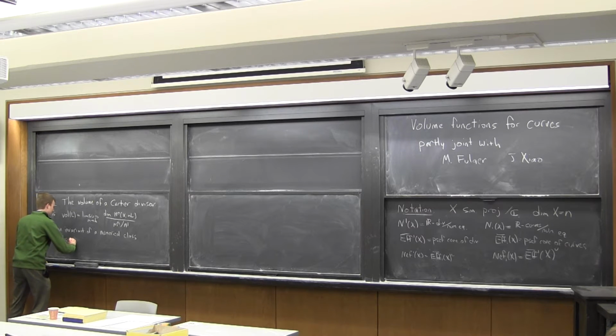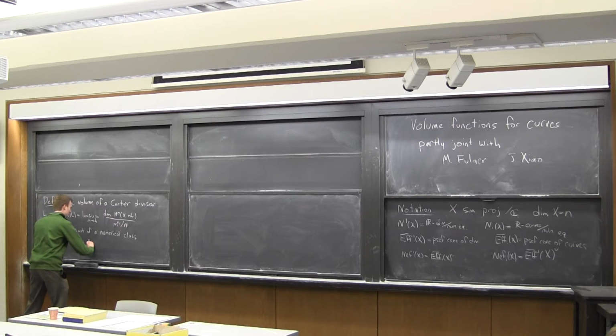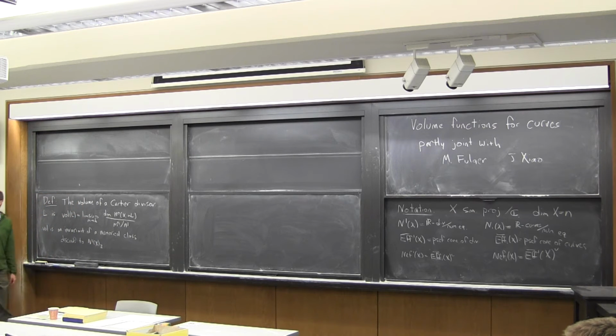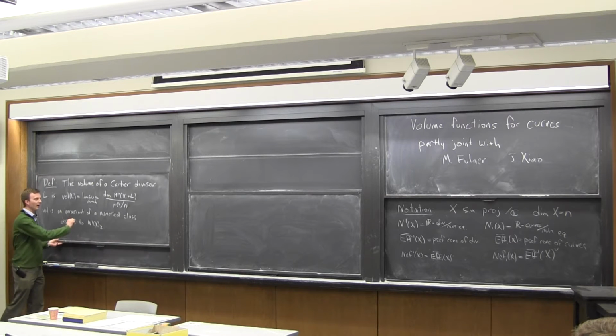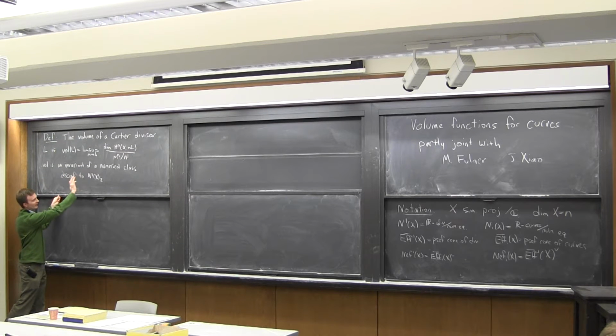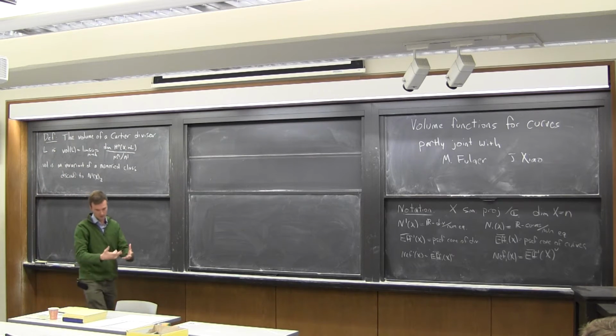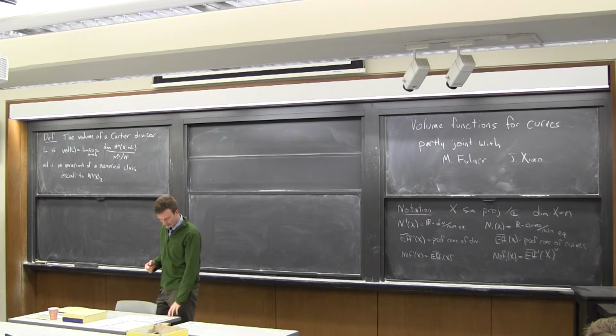So it descends in a natural way to the lattice inside of N1(X), consisting of classes of actual divisors. Okay, and so from now on, we're almost always going to think of it like this. We'll just think of it as some class on a lattice inside of a finite dimensional vector space.